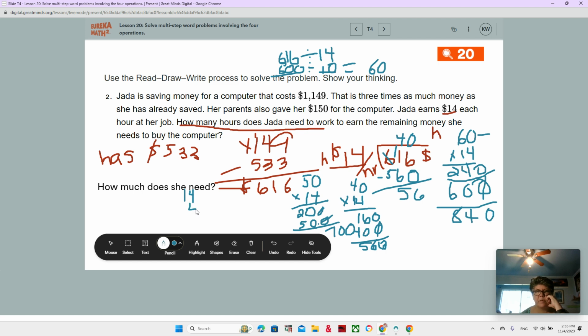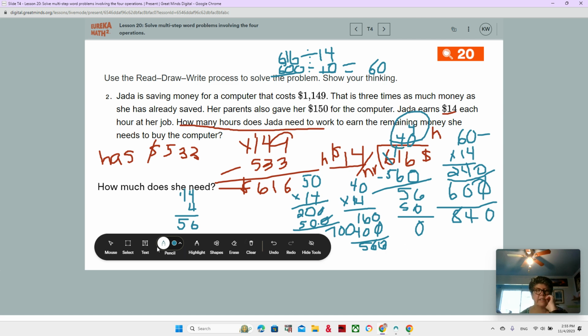I'm thinking about 4. 4 times 4 is 16. 4 times 1 is 4 plus 1 is 5. 56. So that would be 4. How many hours does she need to work to make $616? These two together: 44 hours.